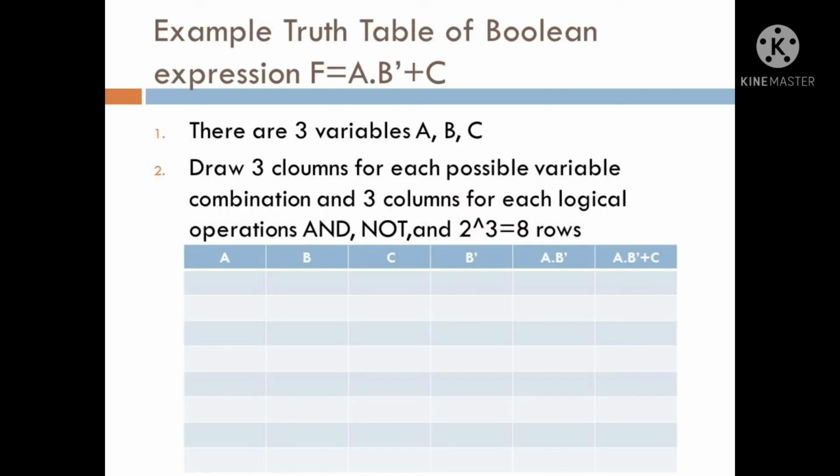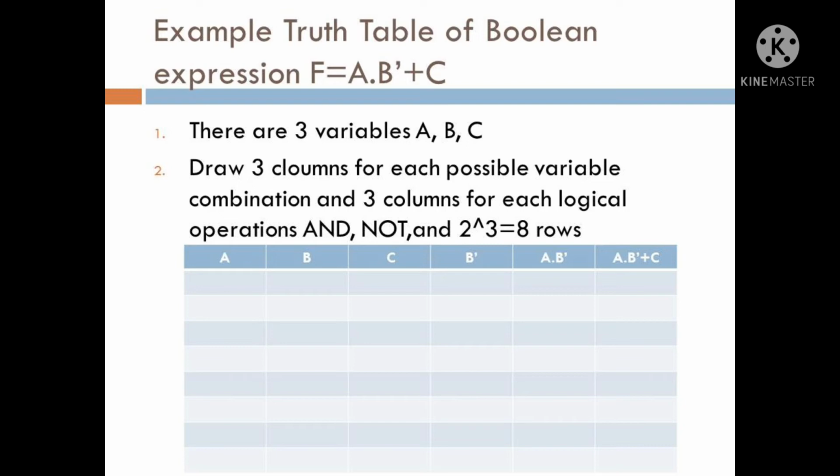Now we can see the example. F is equal to a into b complement plus c. That means a and b not, or c. First we want to make the columns for the 3 variables a, b, c.